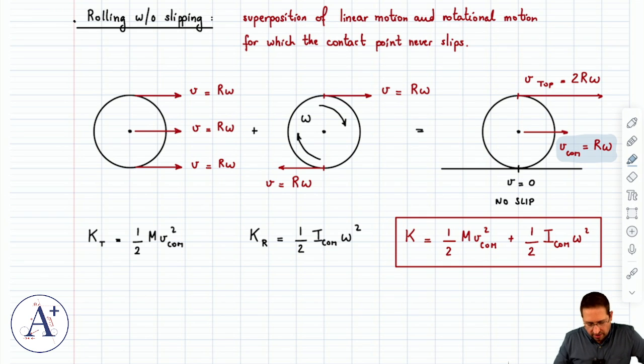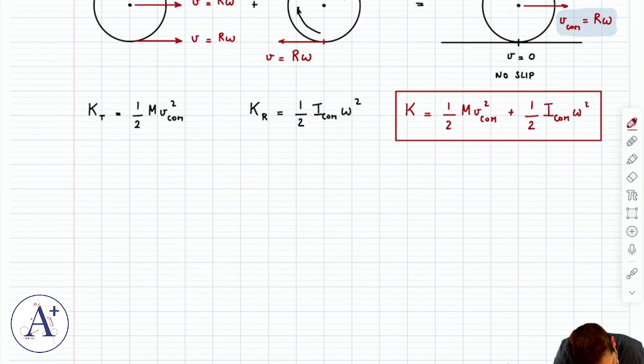Now, I will say, just to emphasize this a little bit more, that v center of mass is R omega is a property of rolling without slipping. The faster the bike wheel spins, the faster you move forward, but it also translates to acceleration. Okay, so rolling without slipping means the following.